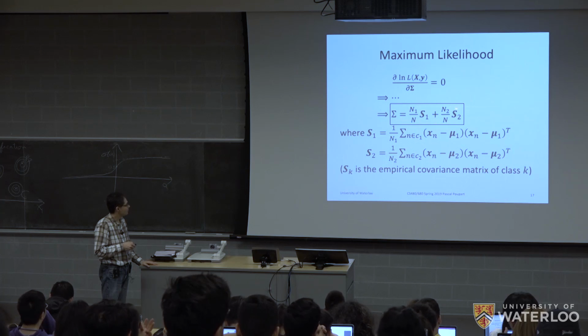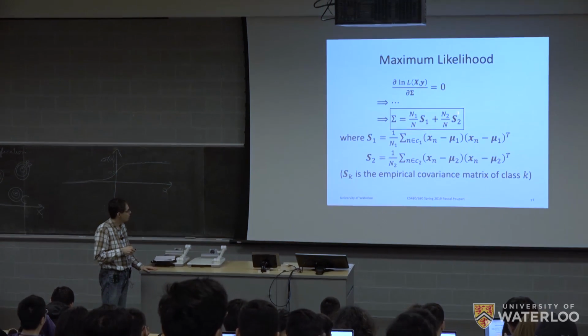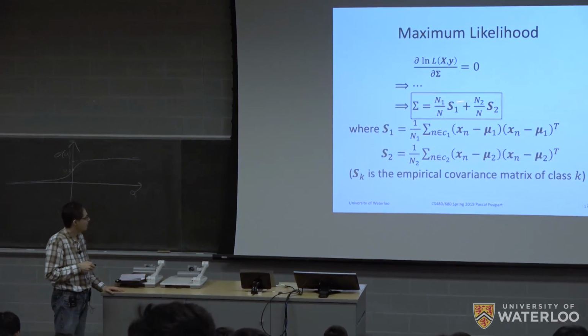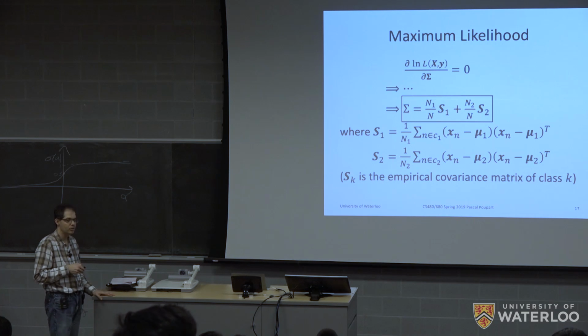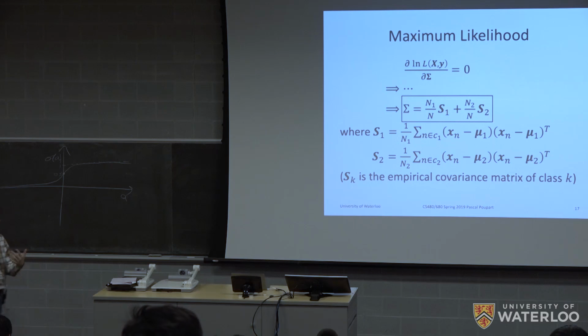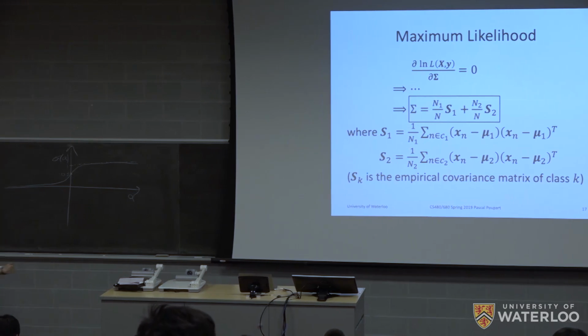This is really a linear combination, in fact a convex combination, of the empirical covariance matrices for each class. Here S1 is the empirical covariance matrix for class 1, and S2 is the empirical covariance matrix for class 2. And now we're taking a convex combination weighted by how many data points belong to each class. So this is pretty neat as well.